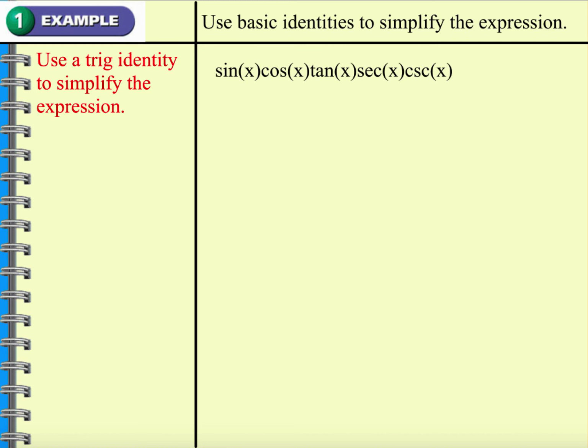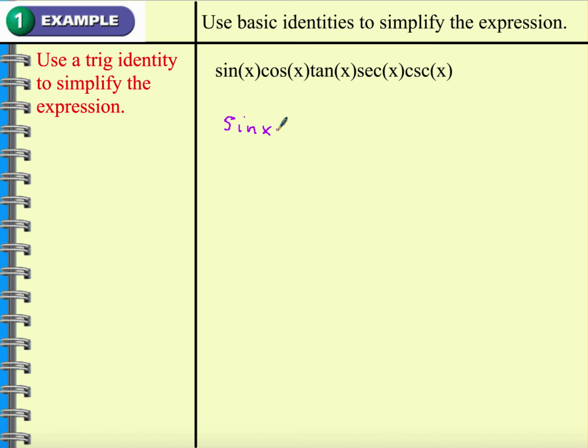Here's our very first problem. We're asked to use those basic identities to simplify this expression. Now it looks kind of crazy, right? Look at all these trig functions all being multiplied together. But I'm going to use one of my very favorite strategies, changing everything into sines and cosines. So let's go. I'm going to start with sine. I don't need to change sine because sine is already sine.